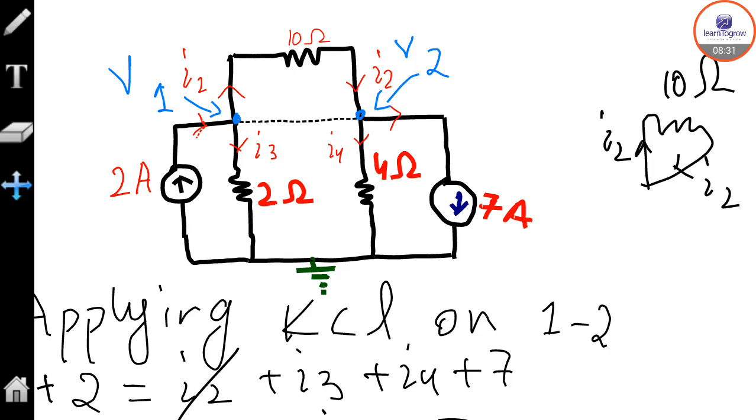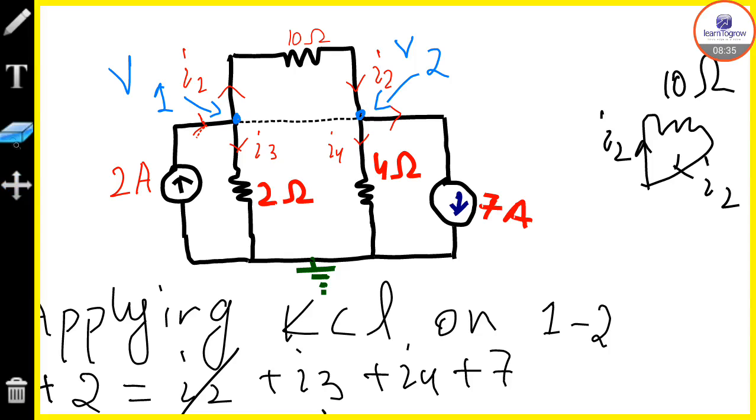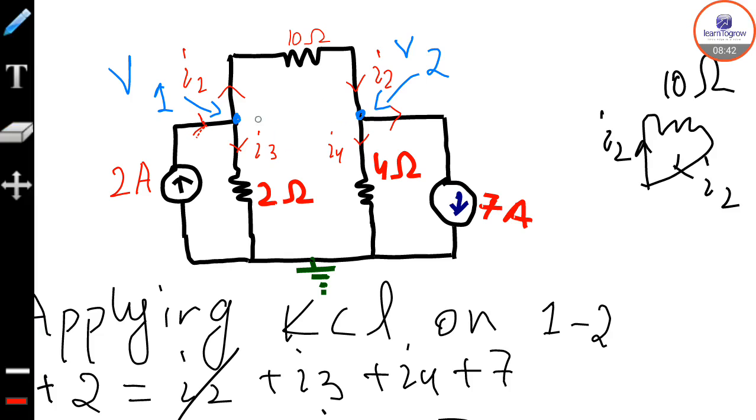Okay. So here we will again put our node back. What was this? 2 volt, plus sign. Okay.